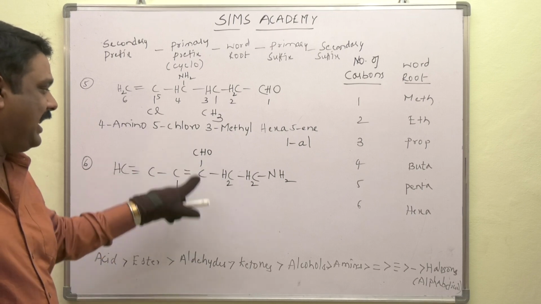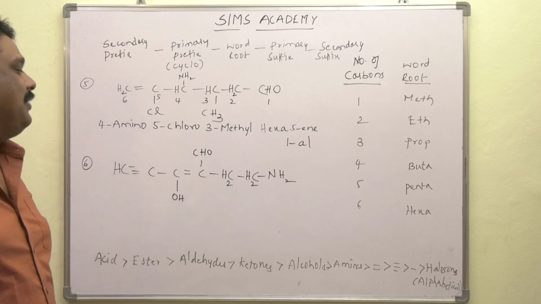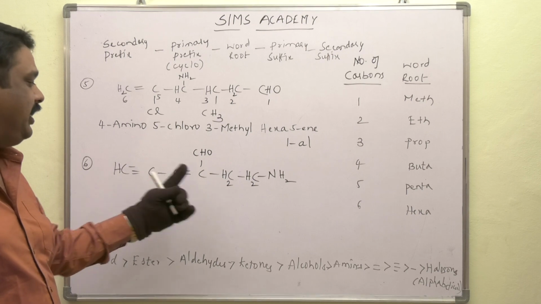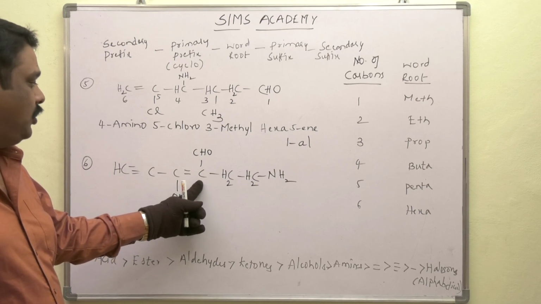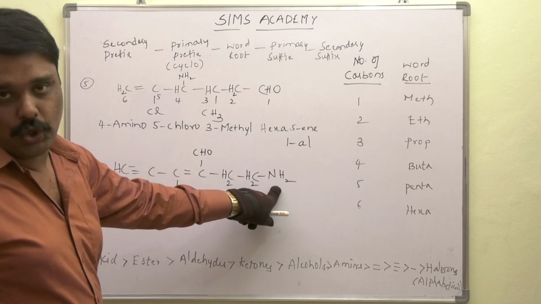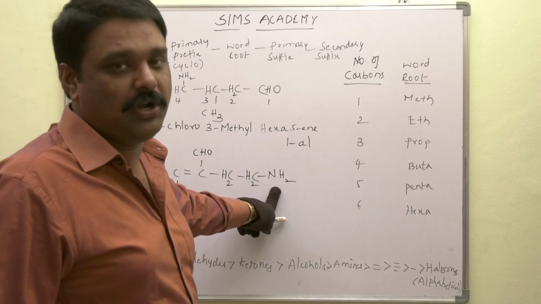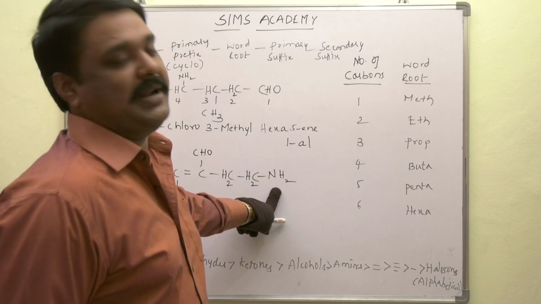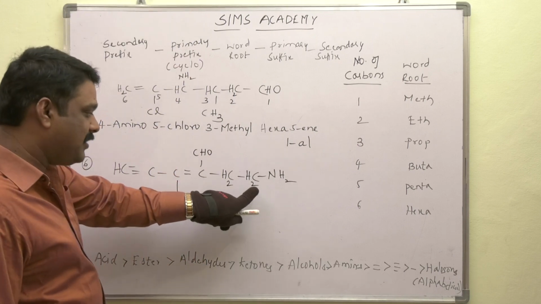Aldehydes need to be given the highest priority. Hence, if I give numbering from this end, 1, 2, 3, 4, aldehyde is getting the 4th number. If I come from this end, should I include NH2? No, because that amine group did not contain carbon. Hence, I should give numbering from this end.